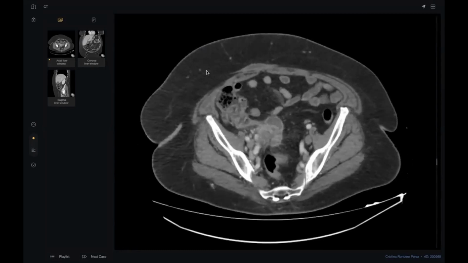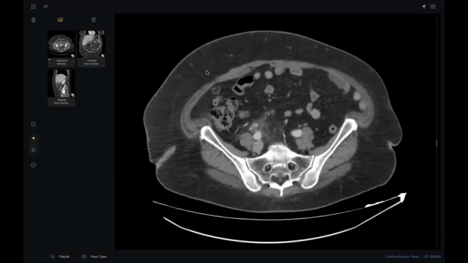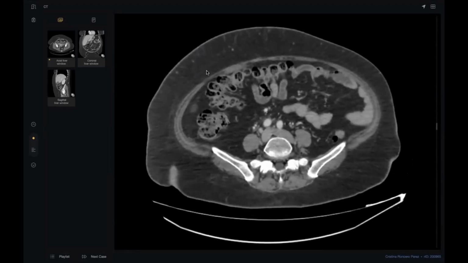I would like to scroll the images, then I will give my comment.